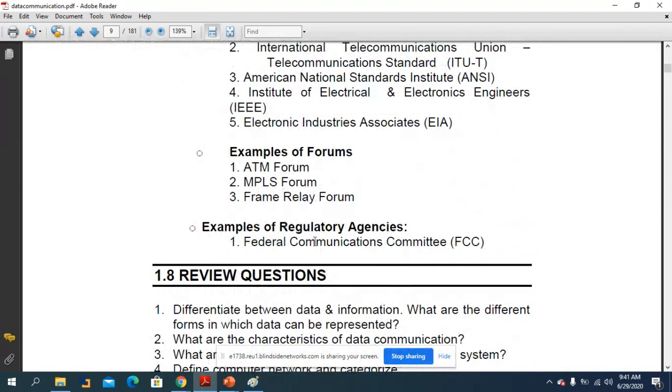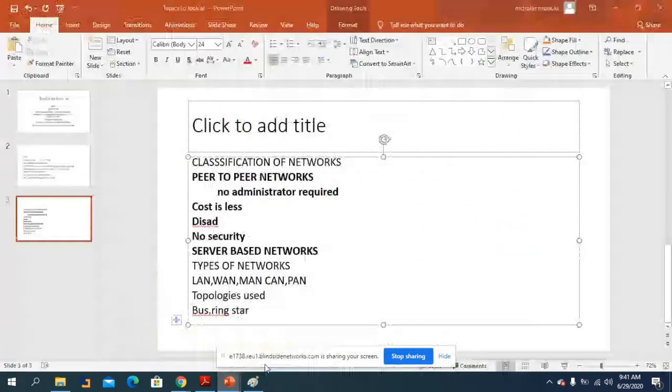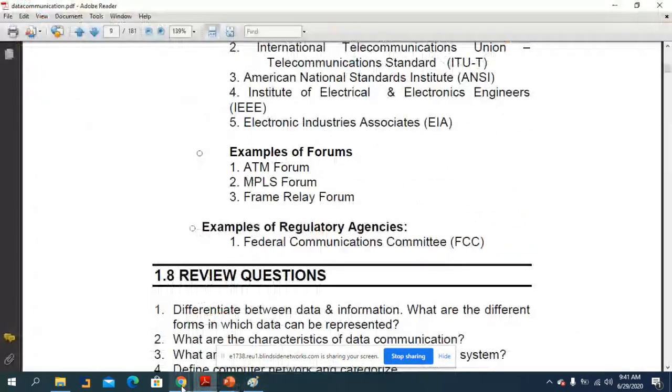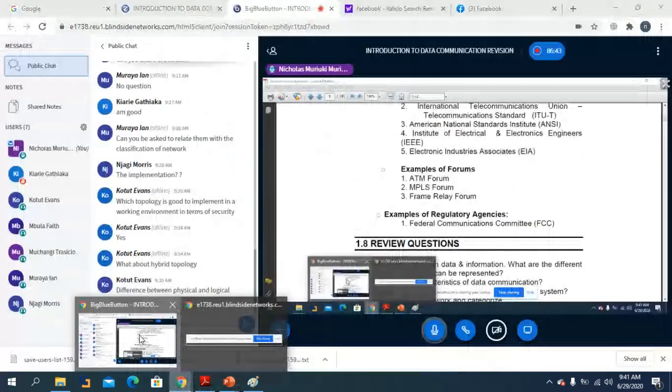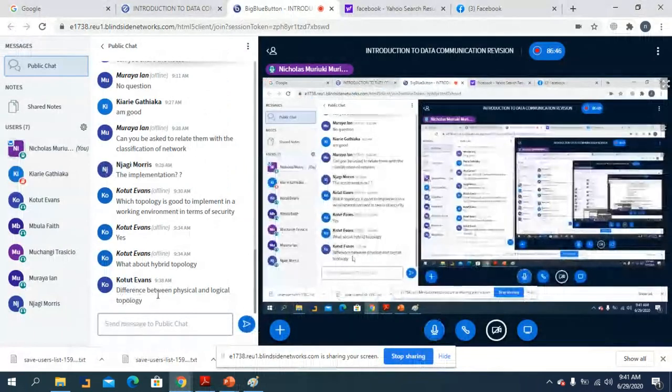So that is part of the introduction that we are supposed to cover on communication. But I want to go back to the question that was asked by Evans: the difference between physical and logical topology. Physical is the arrangement of computers, like the one that I have arranged here.